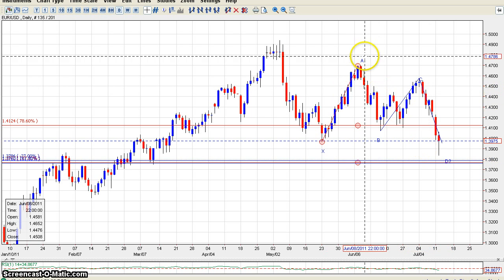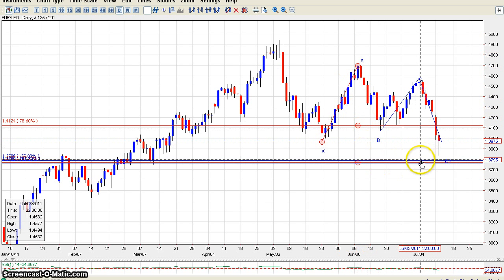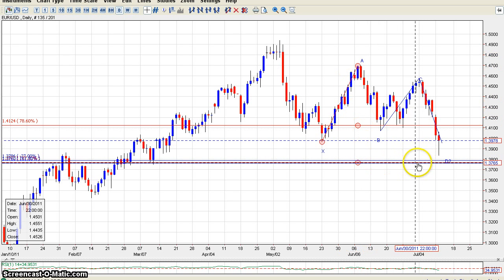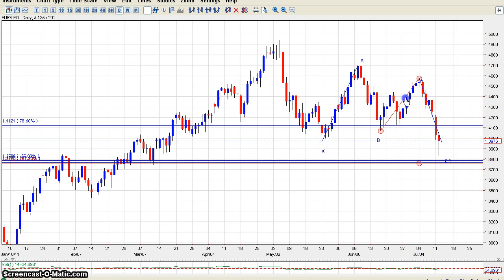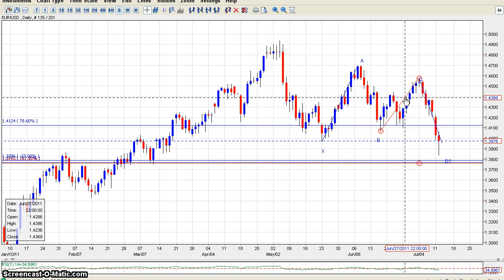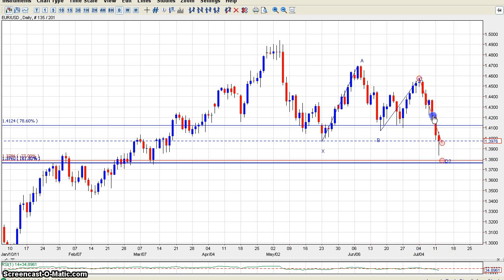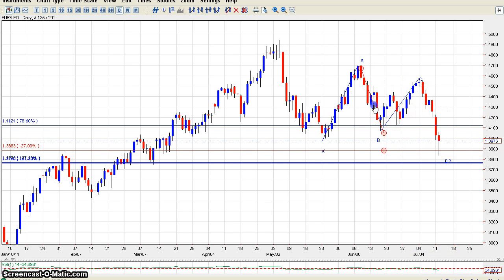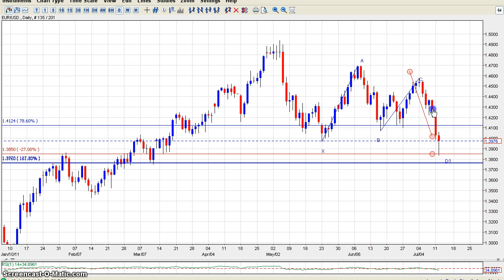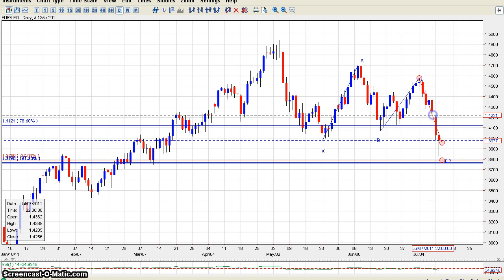The 127% of the XA leg gives the middle of the support zone. The BC, you've got 200% of the BC, 161.8% of the BC leg gives the lower boundary, and 127% of the AB leg projected from the C point gives the upper boundary of this support zone.